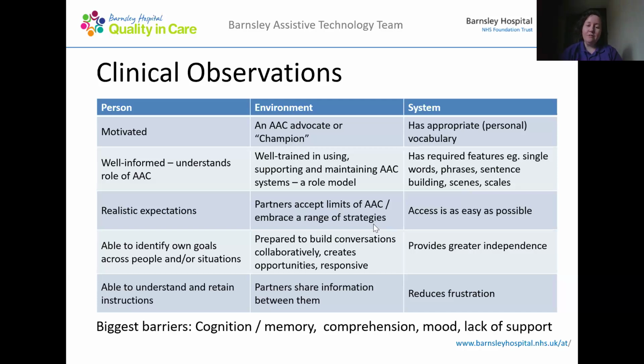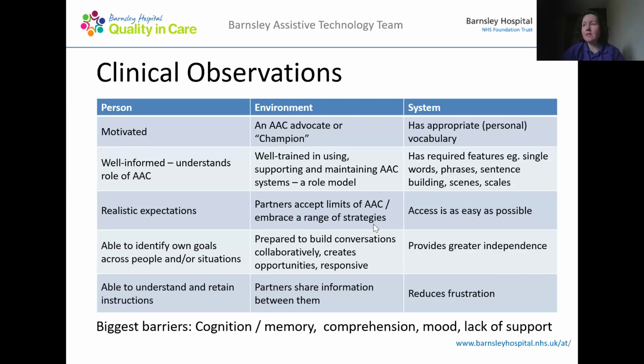And people with aphasia often need support because of the way the aphasia affects their language and sometimes their cognition. I don't think there's many cases where I've seen somebody use it fully independently, because I think it is more of a joint tool, really, which works better in that situation where we can model with the person and embrace all the strategies they might use.